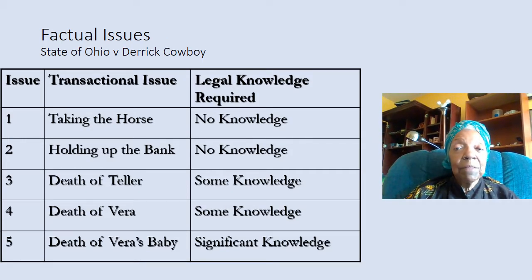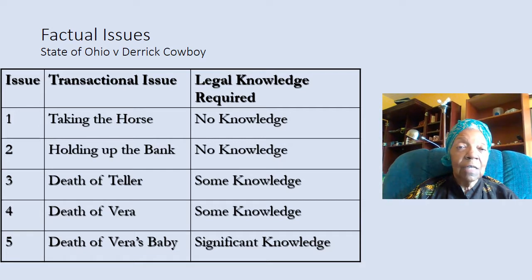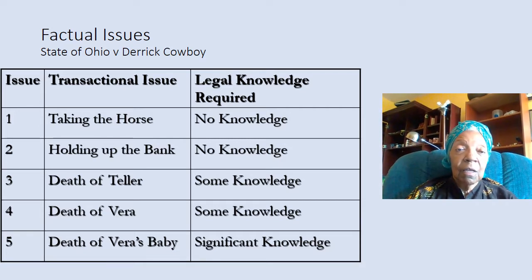So from that hypothetical, let's look at some potential legal facts, key facts. As you see, we don't have a whole list of facts. Right now, I'm going to focus on 5. The taking of the horse, the holding up of the bank, the death of the tailor, the death of Vera, and the death of Vera's baby are all transactional factual issues.